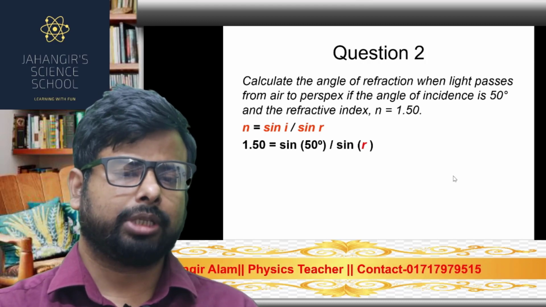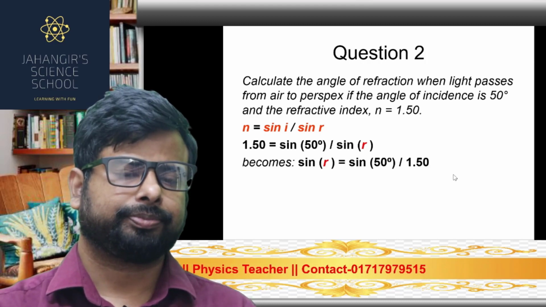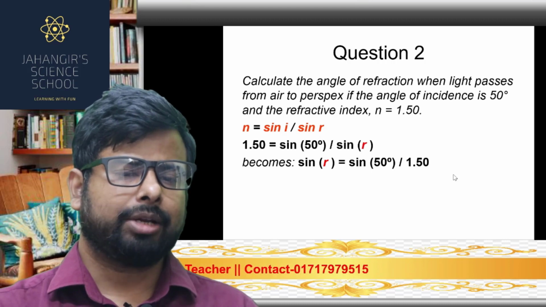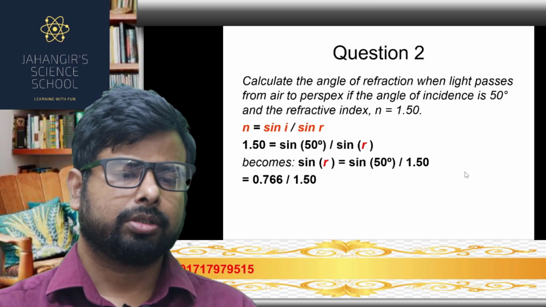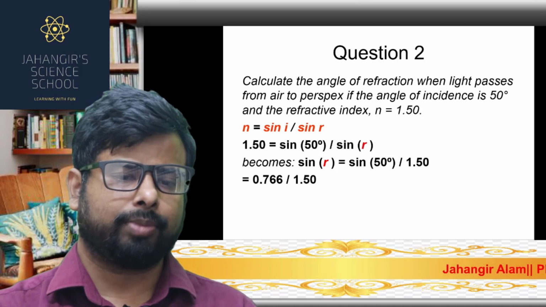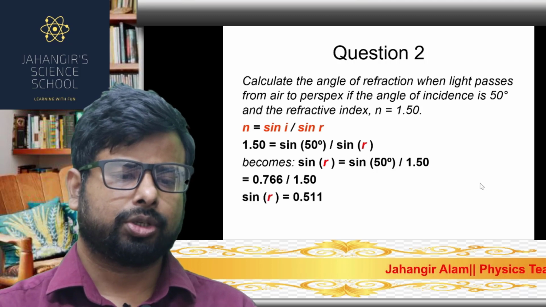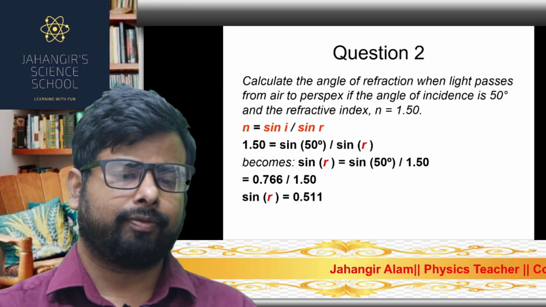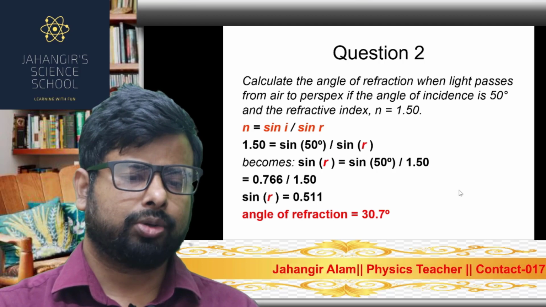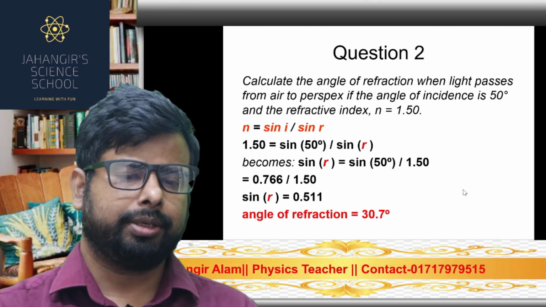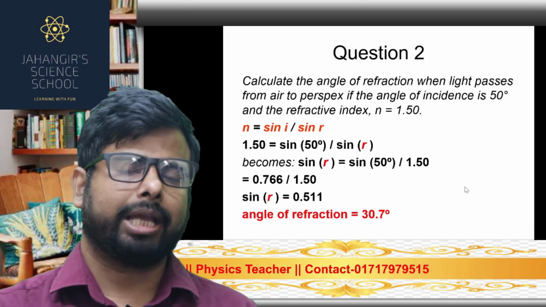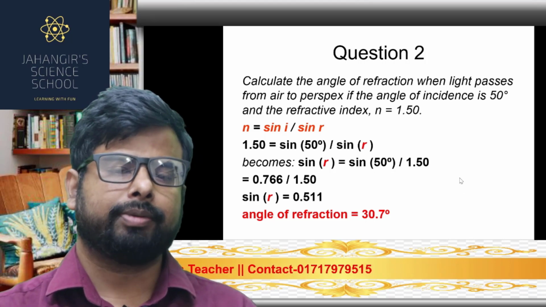We have to find out the angle of refraction. So sin r equals sin 50 degrees divided by 1.50, so 0.766 divided by 1.50. So sin r equals 0.511. So r equals sine inverse 0.511, so 30.7 degrees. So the angle of refraction here is 30.7 degrees.